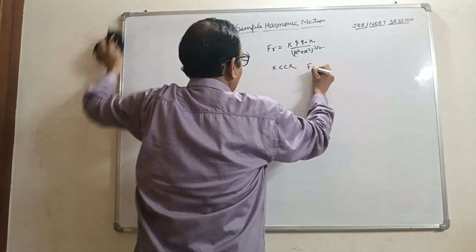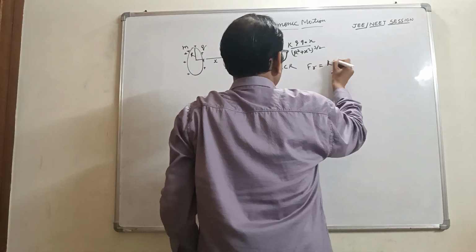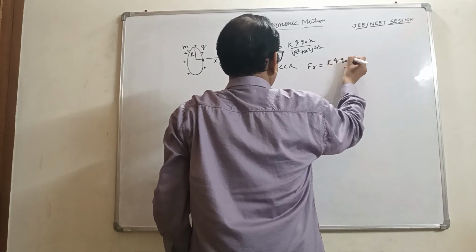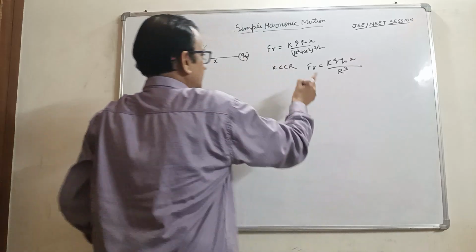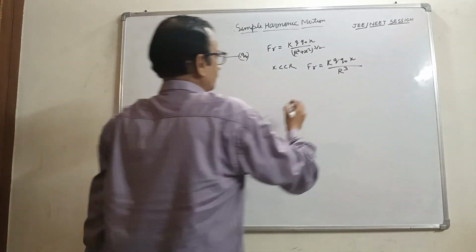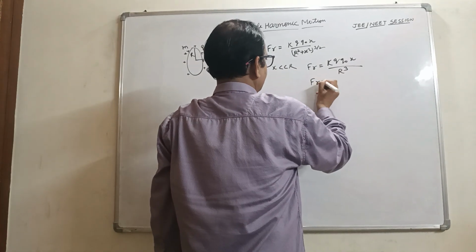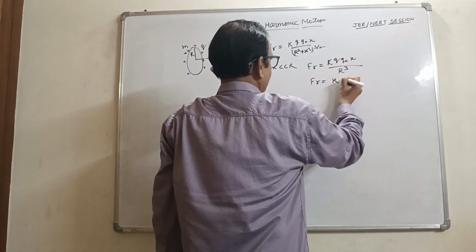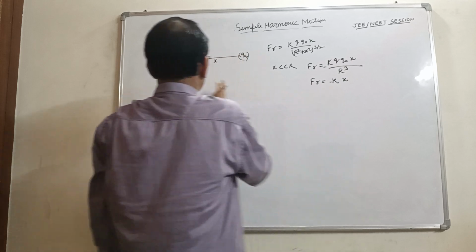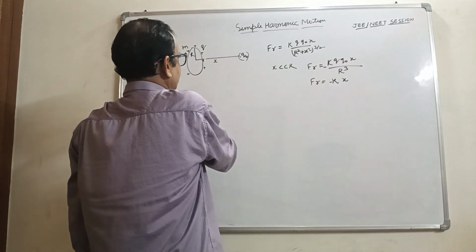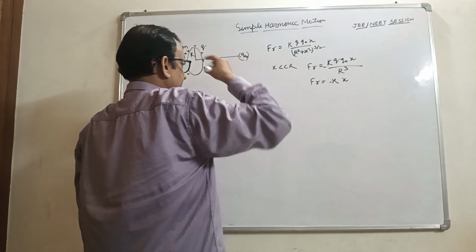So we write Fr would be k Q q naught x upon r cube. This would be negative because the force and displacement are in opposite directions.